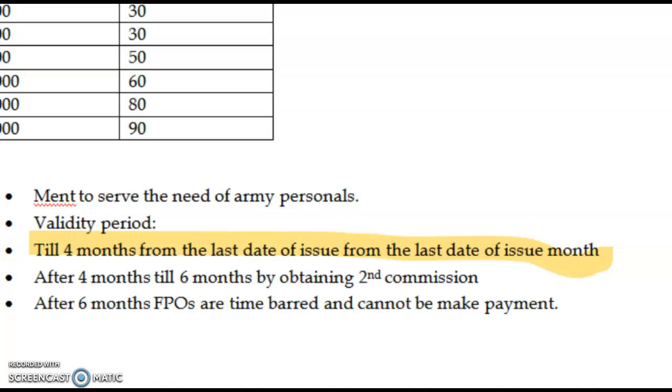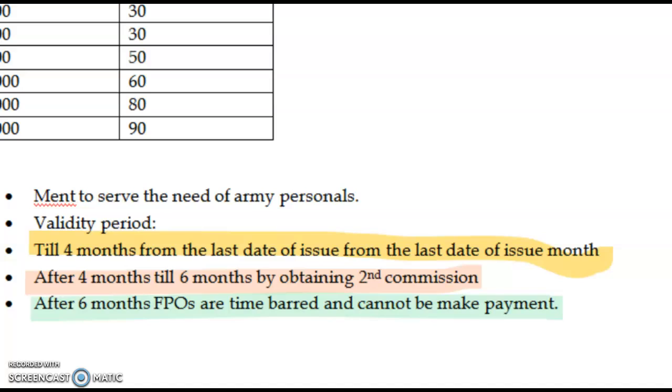After that, after 4 months till 6 months, the second commission may be obtained and the payment can be effected. After 6 months, the field postal orders are time barred and payment cannot be made.